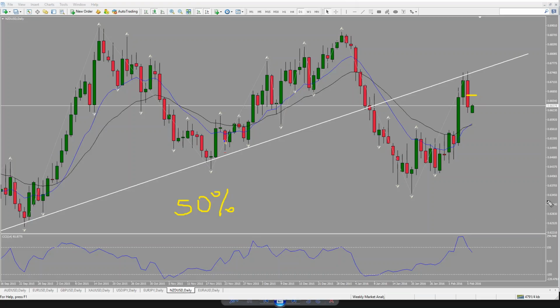We did that last week and we got stopped out and we lost 50% on the trade. Option number 2, we put 100% of the risk right now. Option number 3, we wait for tomorrow. 1, 2, or 3? What do we do?